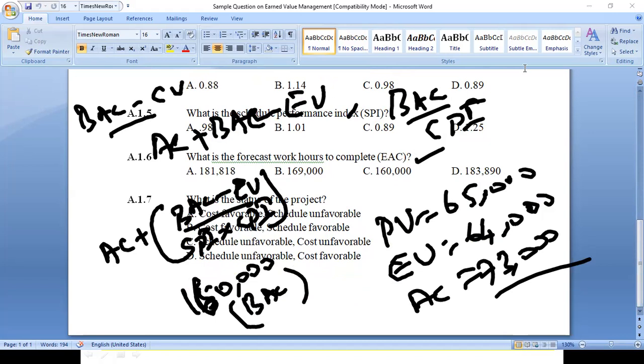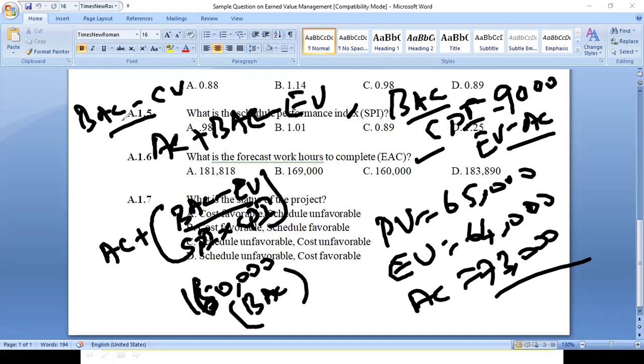The formula for CV is what? EV minus AC. Sorry, actually EV minus AC, then 9,000, then 169K. So it comes minus 9,000, right?